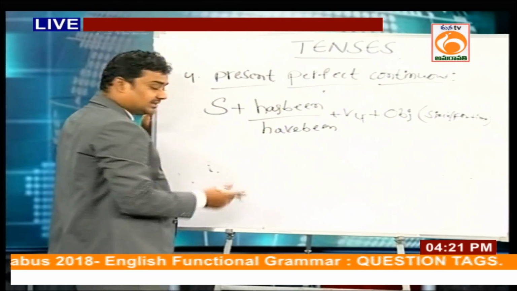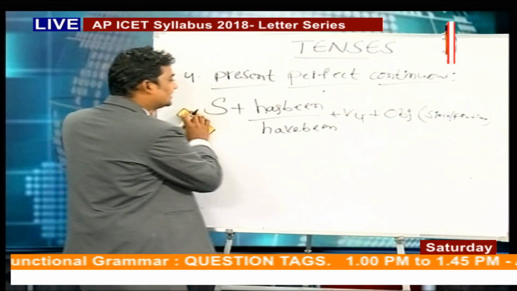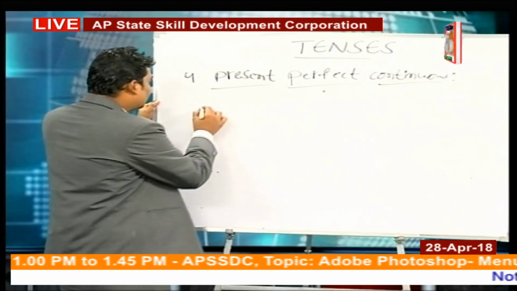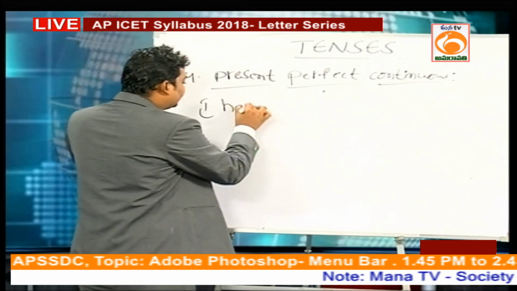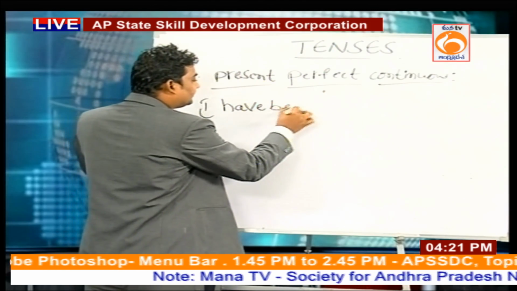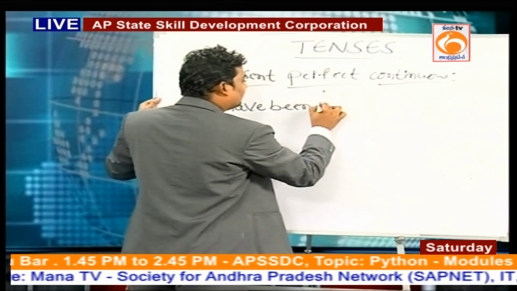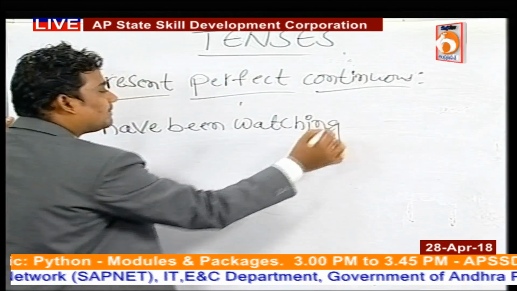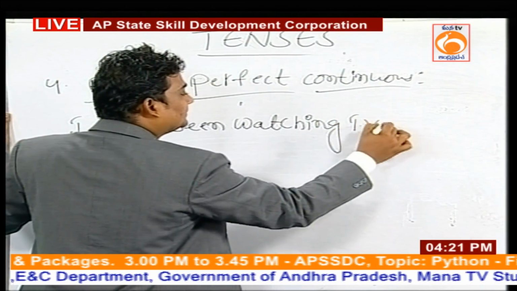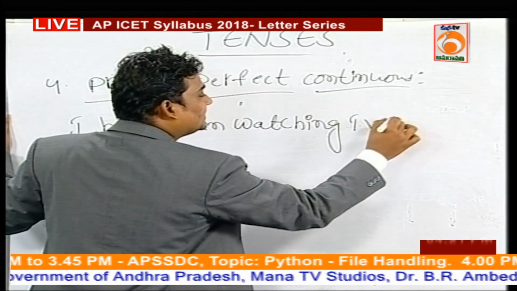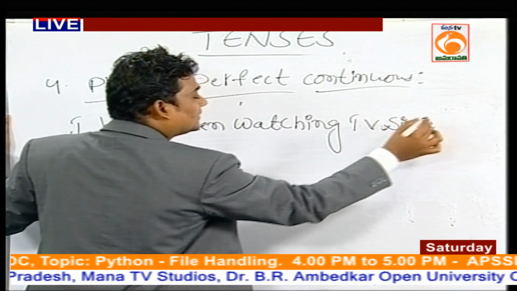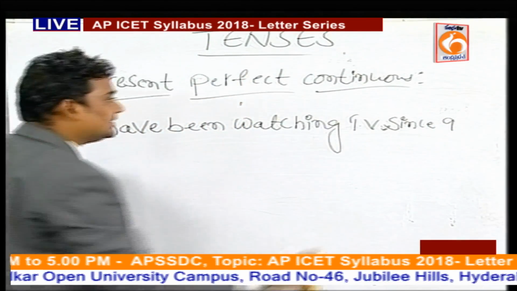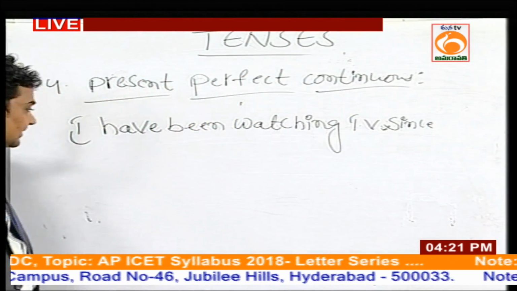Observe carefully an example for present perfect continuous tense. I have been watching television since 9 o'clock. You can listen to me carefully.